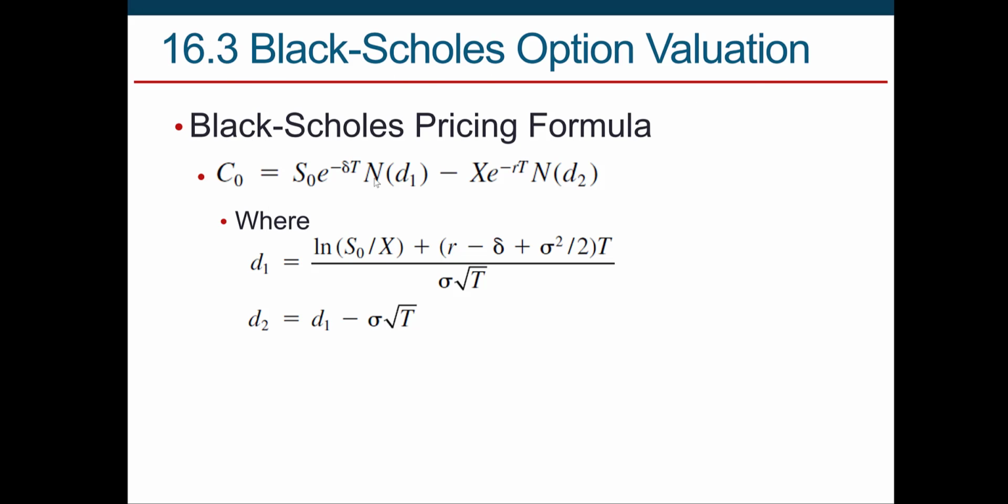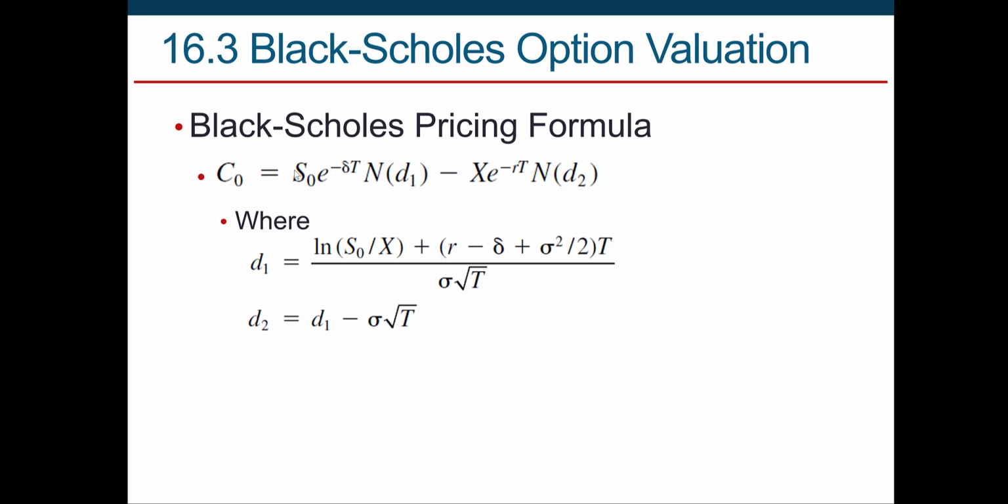So this is the Black-Scholes formula here. I included this here on the slides just for reference. You are not responsible for this formula or any calculations related to Black-Scholes formula. All right, but just for your reference, I've included that here. On the left hand side, you have the price of the call option, so that is this C0, and on the right hand side, you have those 6 factors that we just talked about: stock price, exercise price, time to expiration, dividend payout, and the volatility and so on, right?